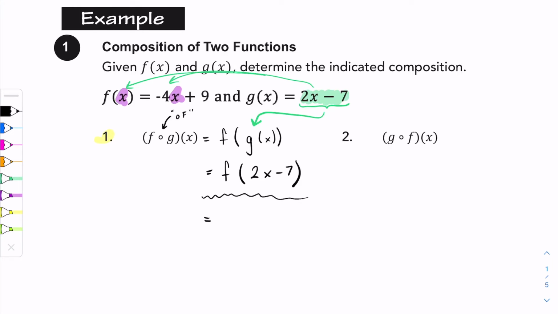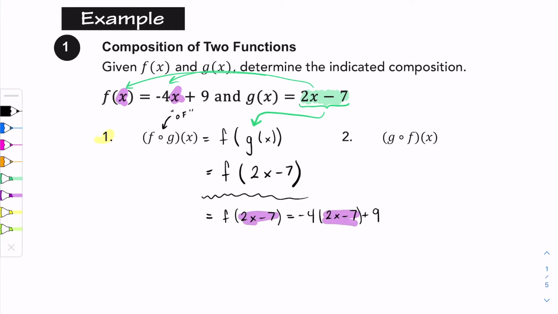If we're evaluating the function at 2x minus 7, we're going to rewrite this as f of 2x minus 7, which is equal to negative 4 times 2x minus 7 plus 9. So again, wherever I previously had x, I replace with 2x minus 7.